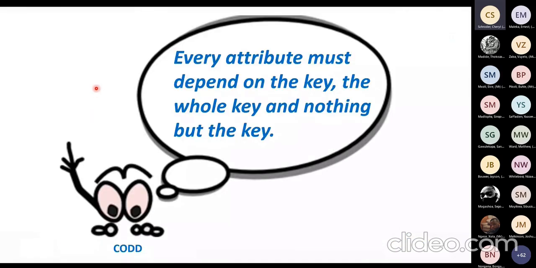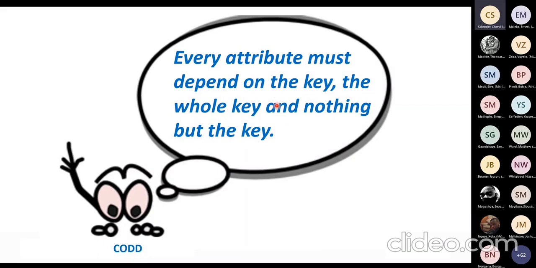So the basic definition of normalization, for a table to be normalized: this approach was developed by a chap called Codd, and this concept was expanded on by another person called Boyce, but originally it was Codd, and he basically says that for a table to be normalized, every attribute in that table must depend on the key, the whole key, and nothing but the key.